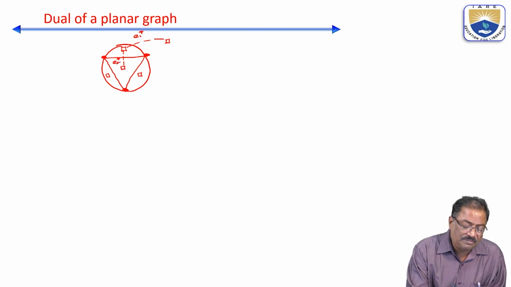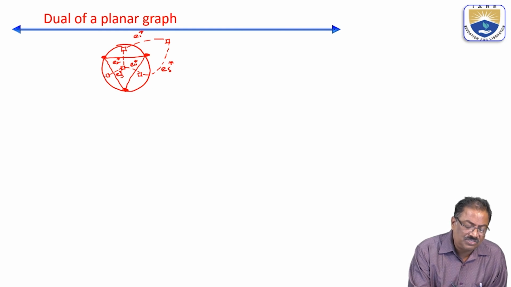Then one more, E3 star. Then for this edge another one, E4 star. Then for this edge E5 star. And next for this edge, E6 star.